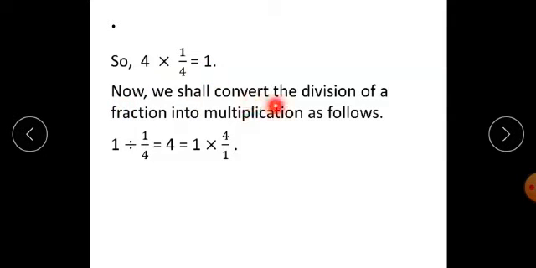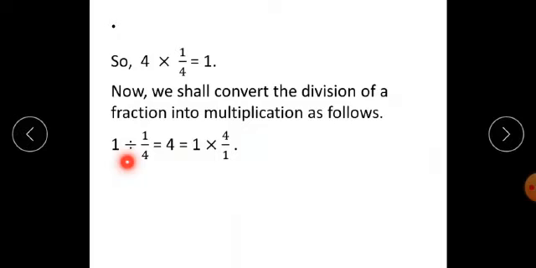Now, we shall convert the division of a fraction into multiplication as follows. When 1 is divided by 1 upon 4, you will get the answer as 4. Why?